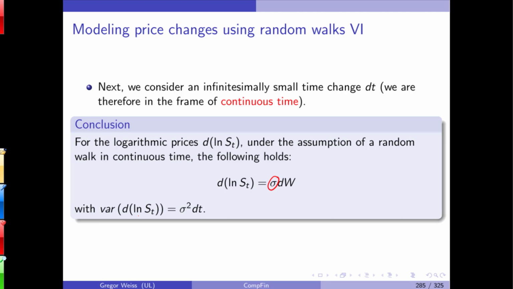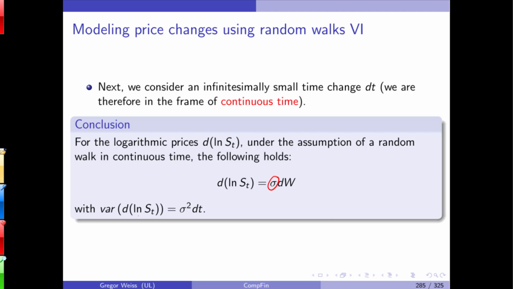So at this point, you already know what we do in finance if we are modeling stock prices. We are taking log returns, continuous modeling. We assume a random walk. We assume the log returns follow a random walk in time.